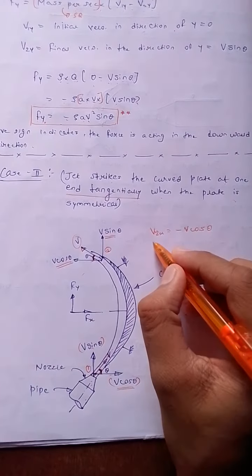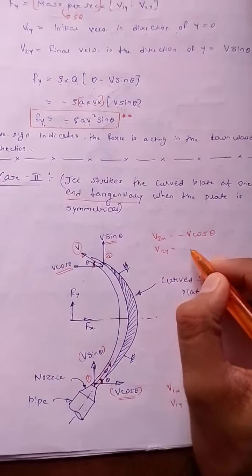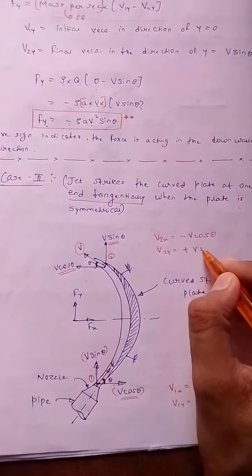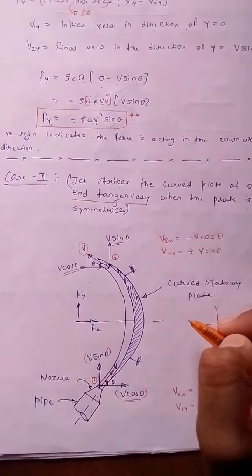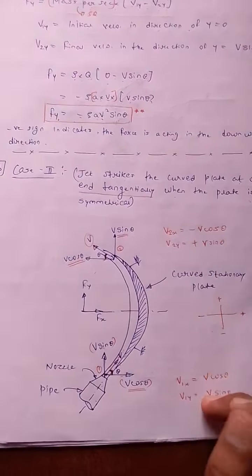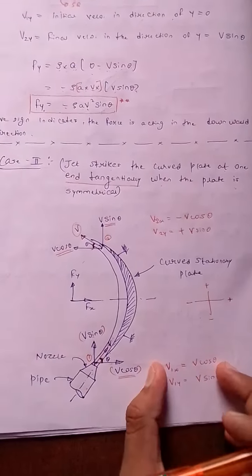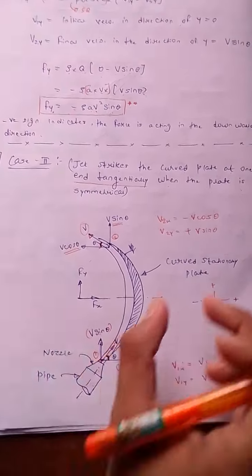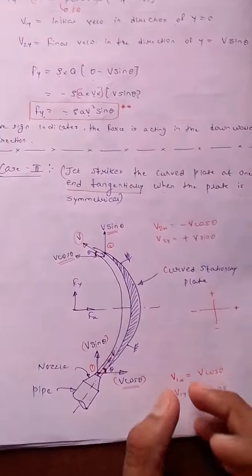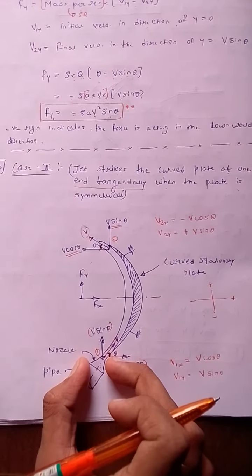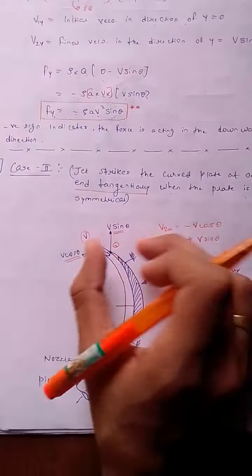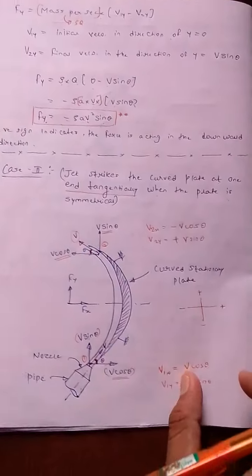And v2y is equal to plus v sin theta. So these are the velocity components. These two components are at the first point, the entering point, and these two are at the second point, the leaving point.